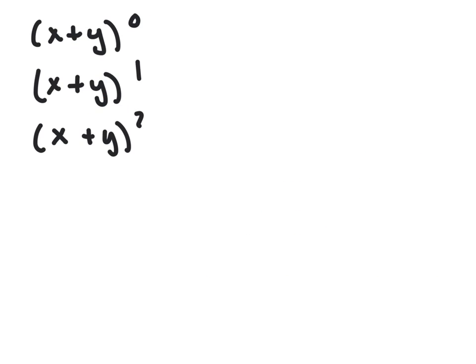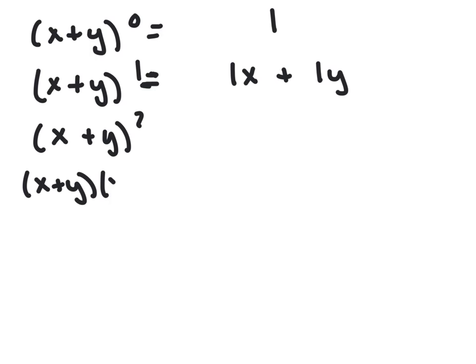Start by looking at some simple things. If you do a binomial to the 0th power, anything to the 0th power is 1. If you do anything to a power of 1, you get itself back, which would be 1x and 1y. Now when you do something squared, it takes us a little bit of work. I'll do it over here to see what happens.